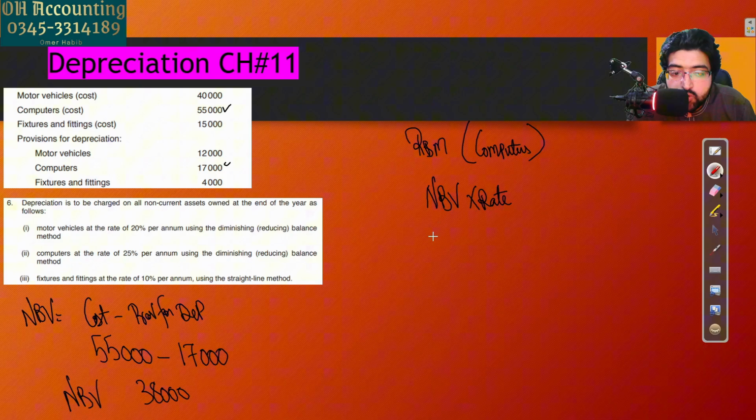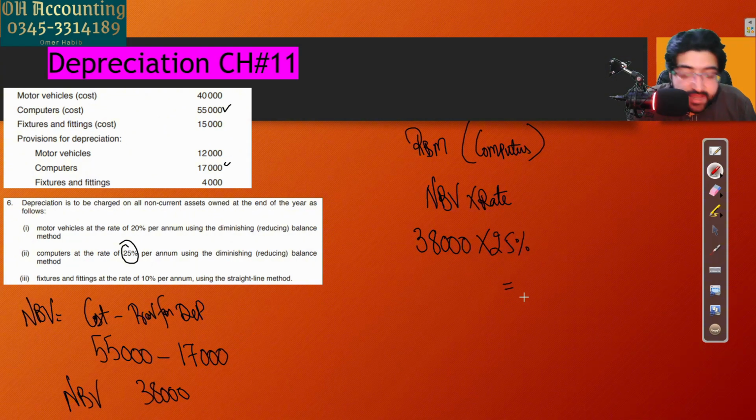Once you have the net book value, put it in the formula of reducing balance method to find the depreciation, multiply it by the rate given in the question, 25%. You will get the value of depreciation for the current year, which in this case is 9,500.